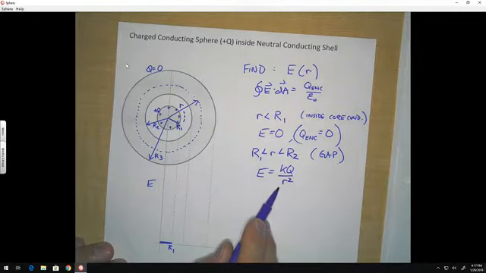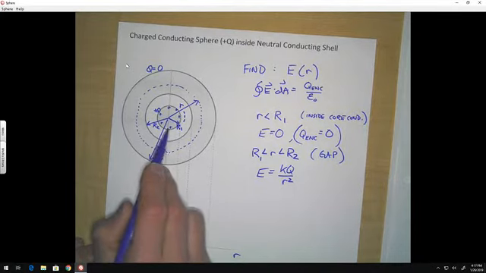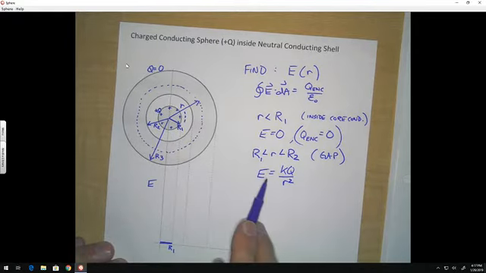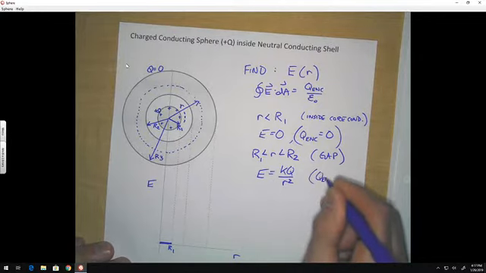We've seen that in like 3 other examples so far. If you have a spherical distribution of charge and you draw a Gaussian surface around it, the electric field outside is going to be given by this formula, because Q enclosed is equal to plus Q.